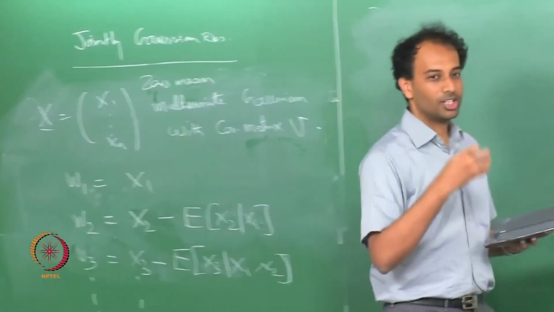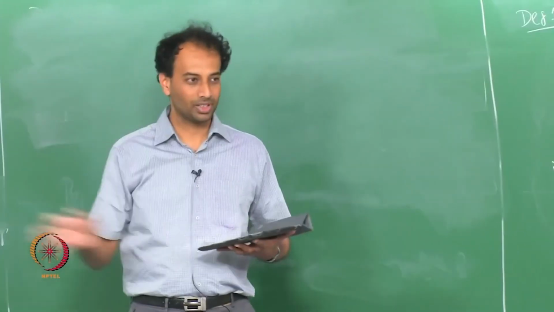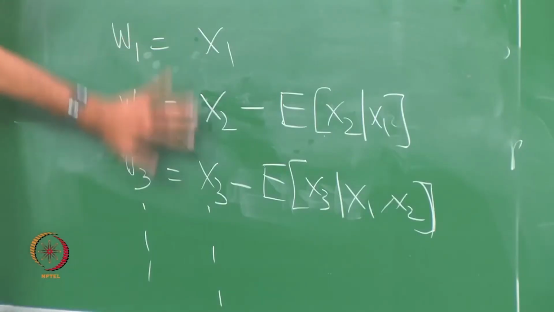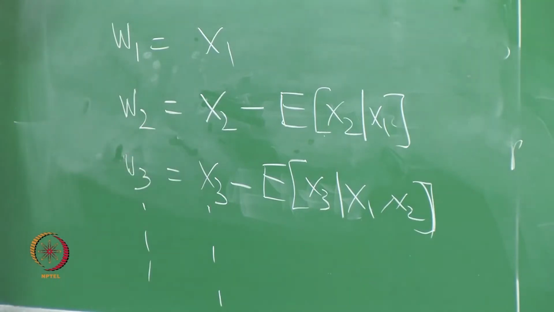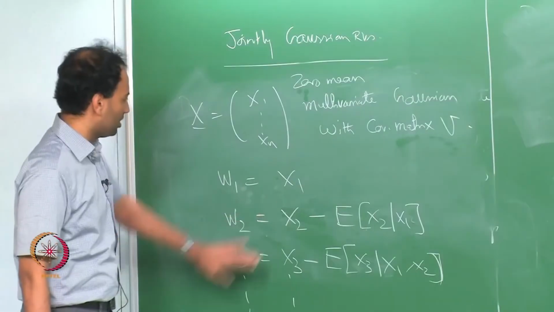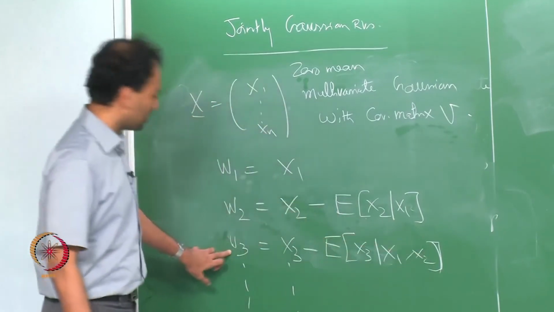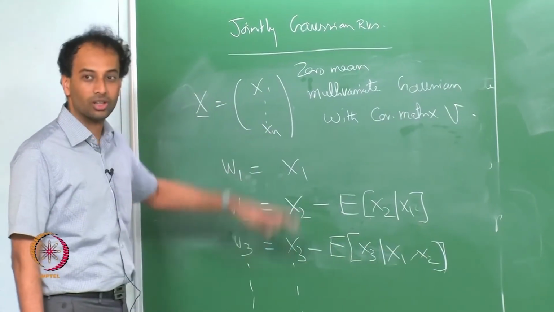So, it is like in all these dimensions it has equal components. This procedure is called whitening, and it is a causal procedure, right. So, I look at x1 and x2 and then decide my next w3 and so on, right.